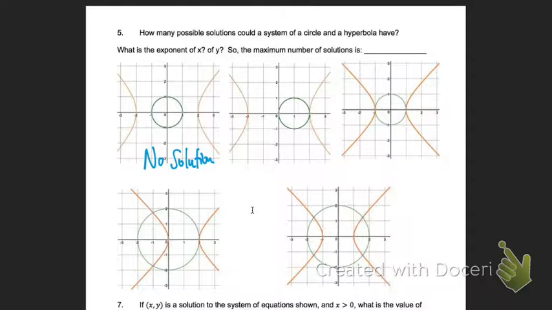Second one has 1, third, 2, fourth, 3, right here. You might want to label them. And then the last one, 4. So this is just some pictures. The most you can have is 4. Just some pictures of what that would look like.